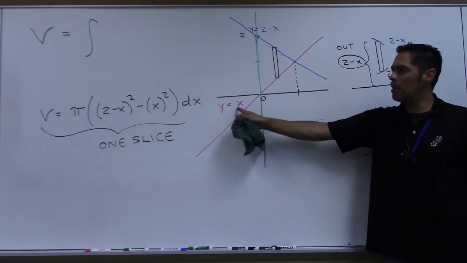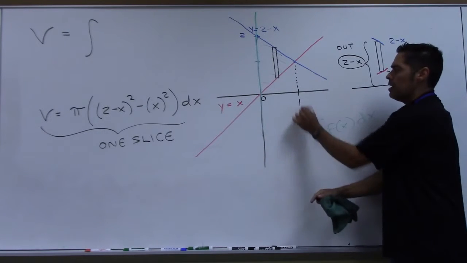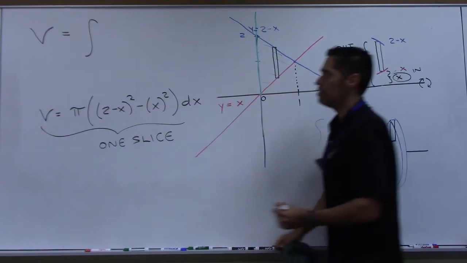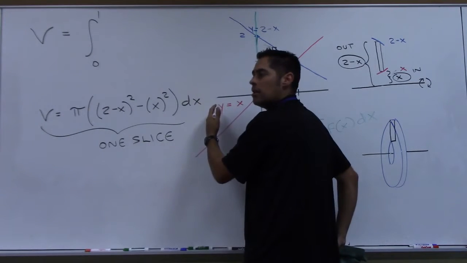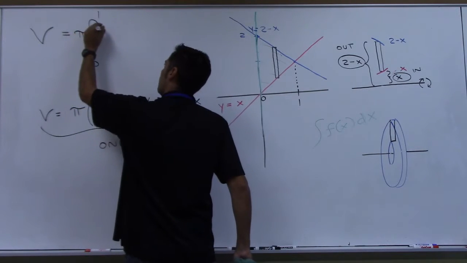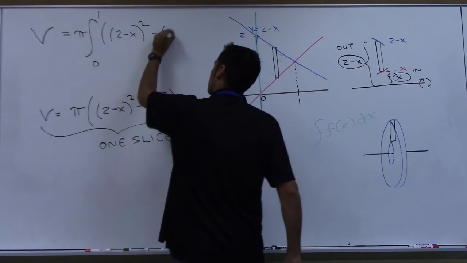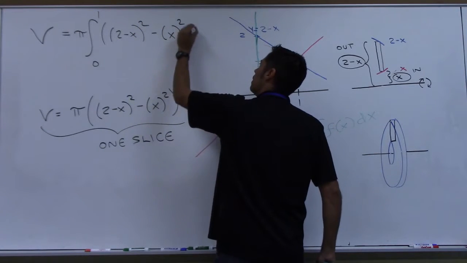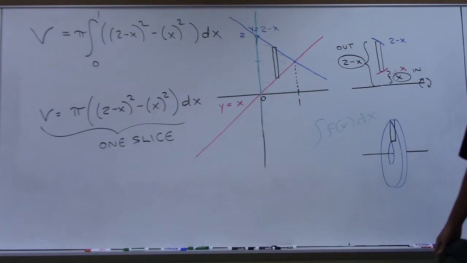If I plug 1 in here, I get 1. If I plug 1 in here, I get 1. So they do hit each other at 1. So 0 to 1. Pi can come out of the integral, can't it? Then it's the 2 minus x squared minus the x squared dx. There we go.